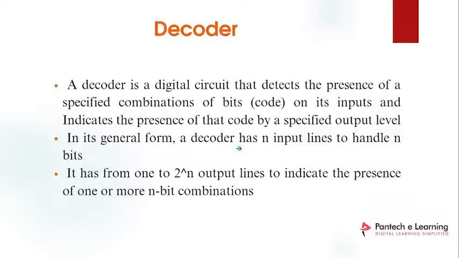It will identify the presence of the specific combination of bits, and its output indicates the presence of the code by a specified output level. In general form, the input lines handle n bits. It has n inputs and 2 power n outputs.